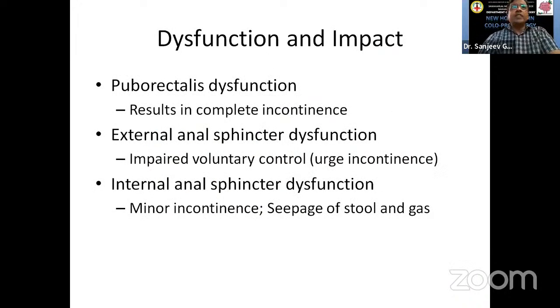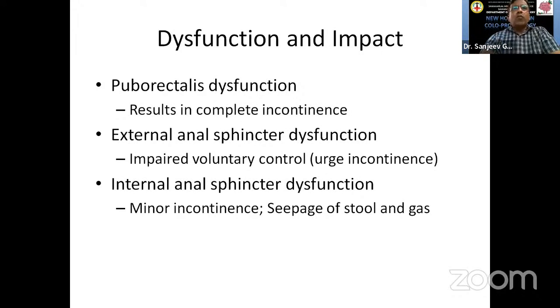Once we have understood this, we can understand that if there is dysfunction of the puborectalis, as I've already mentioned, it will lead to complete incontinence. The patient will not be able to hold the fecal matter in the rectum. If there's only injury to the external anal sphincter and not to the puborectalis muscle, which are almost attached to each other, and there's isolated external anal sphincter dysfunction, it will lead to urge incontinence, where the patient will have the feeling for defecation.